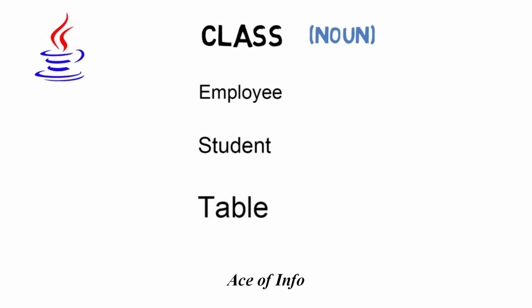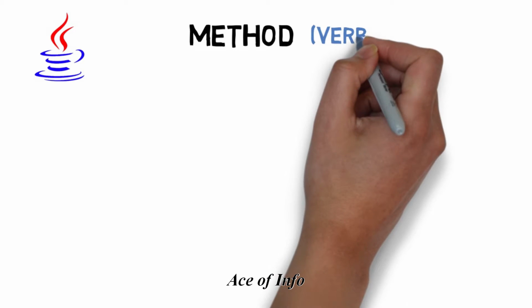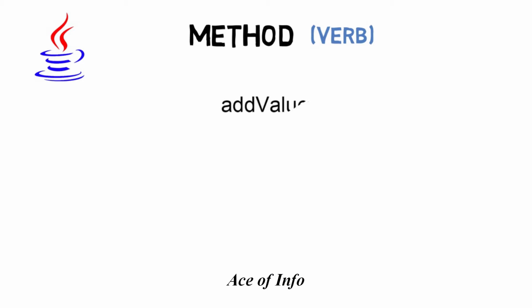We don't need to go deep into English, but we don't use plural for classes. And when you are using methods, it should be a verb. We used add values in one of our videos, so add is a verb. And when we see the print method, it is a verb, right? So methods should be named as verbs.